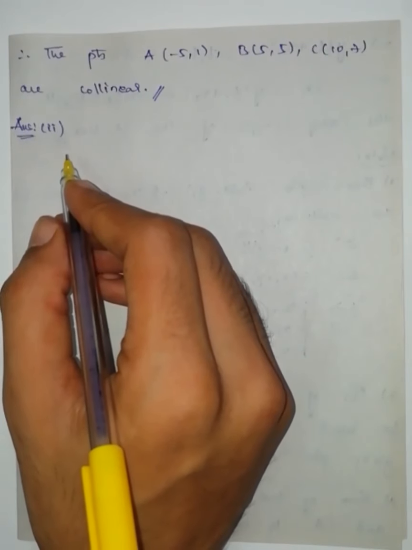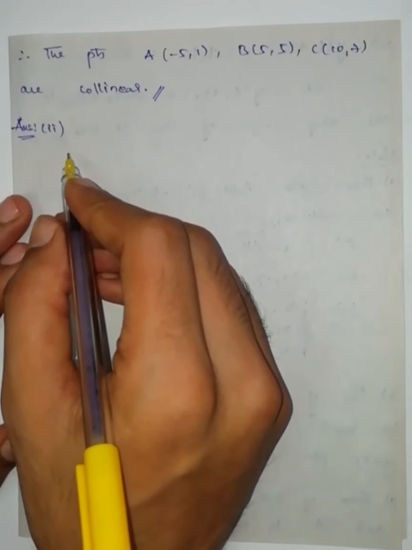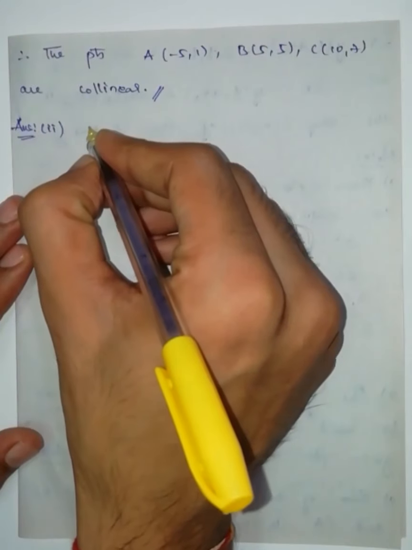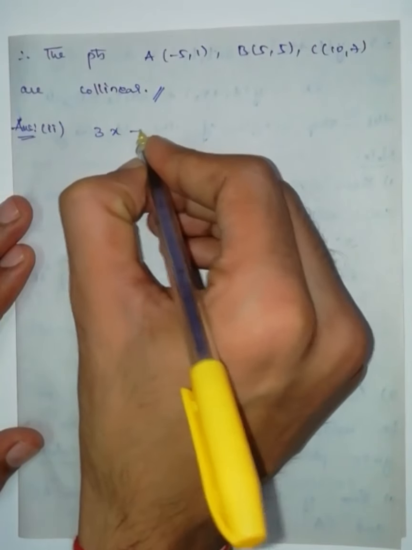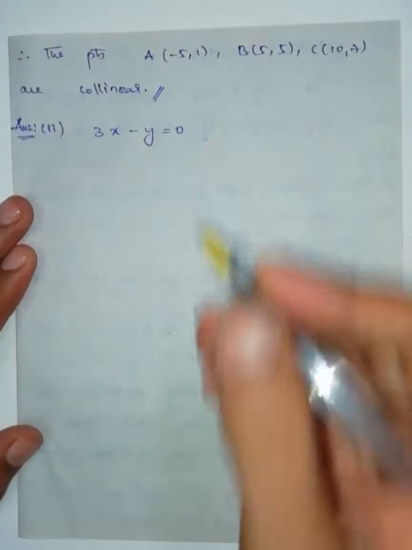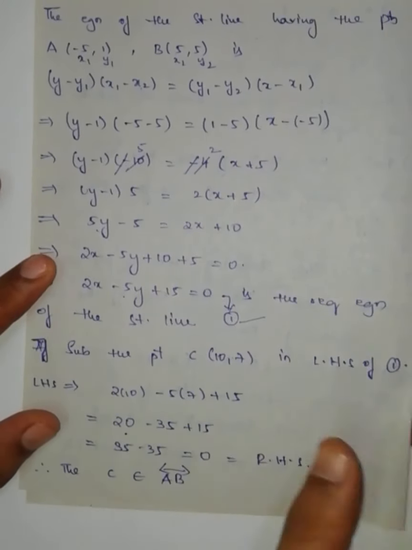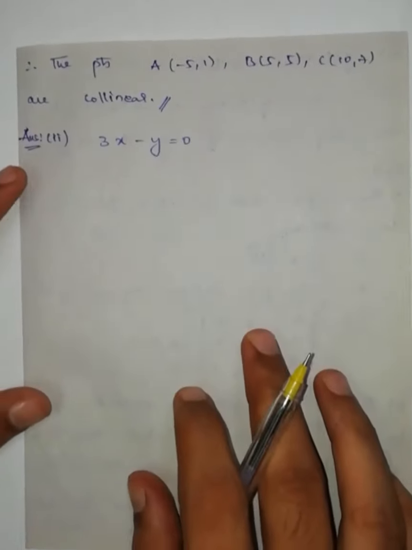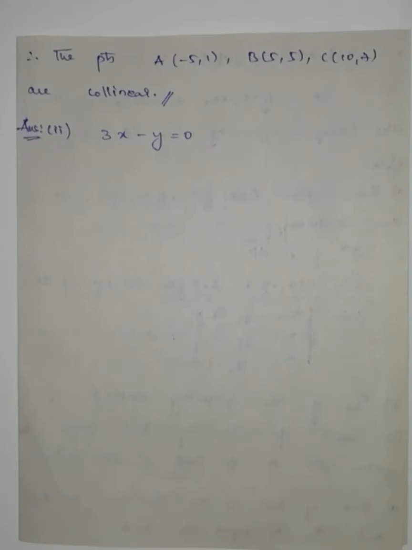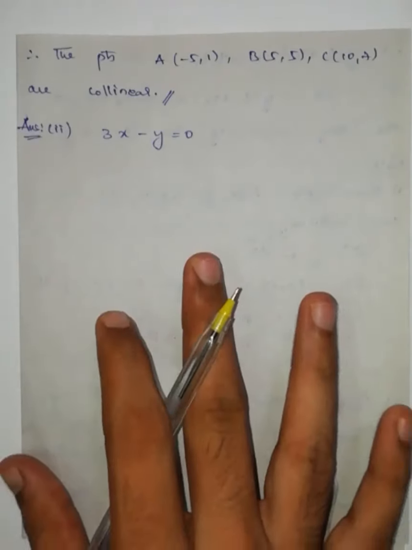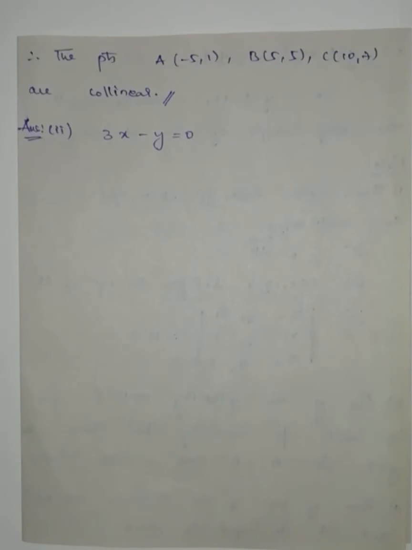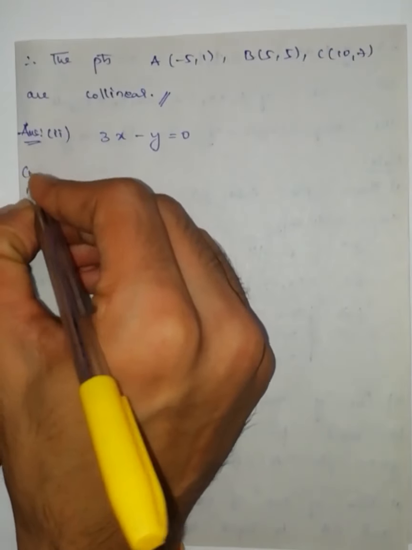The equation you have to get is 3x - y = 0. After getting the equation, you have to substitute the third point and check whether it is collinear or not. Definitely it will be collinear. Now I am going to solve the third one.